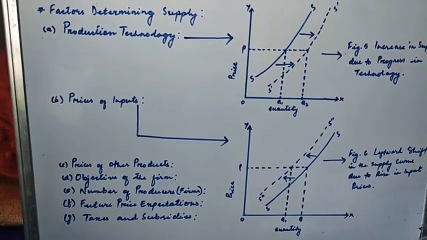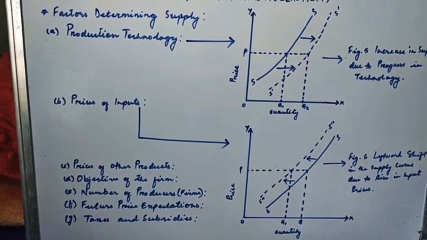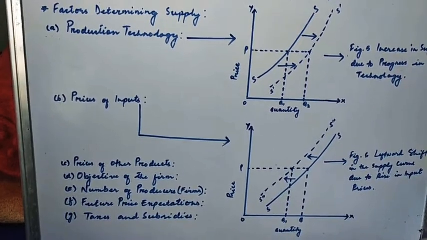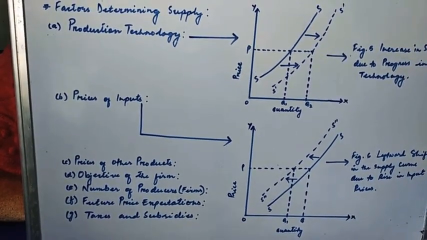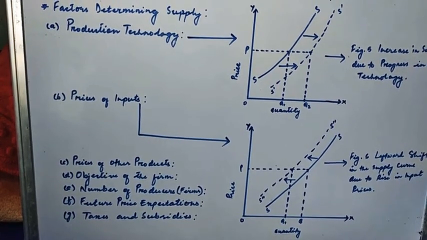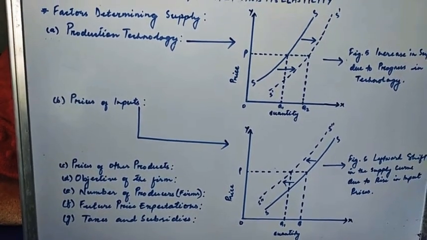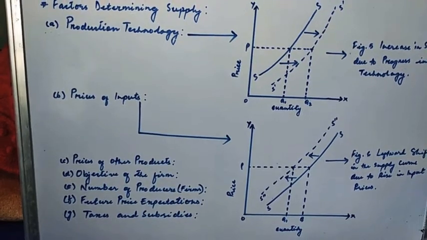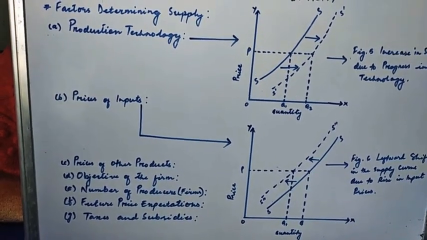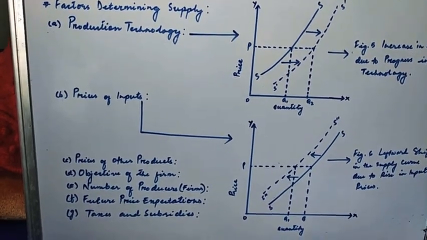So we have seen the supply schedule or the supply curve. From the supply schedule or the supply curve, we have come to know that quantity supplied varies directly with the price of a product. So the quantity that is being supplied is directly proportionate with the price of a product.